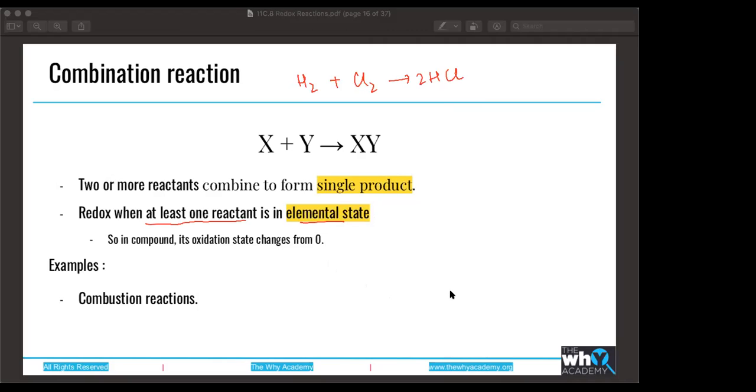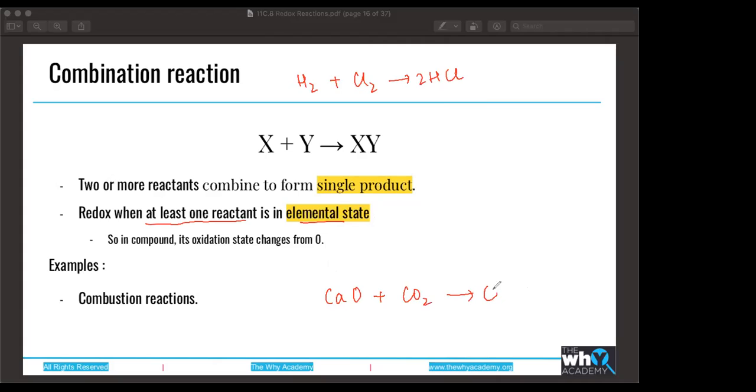Do you know the reaction for the formation of calcium carbonate? Calcium oxide plus CO2. Is this a redox reaction? One moment.